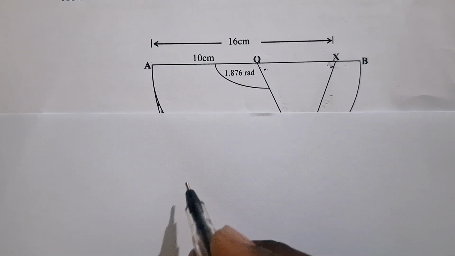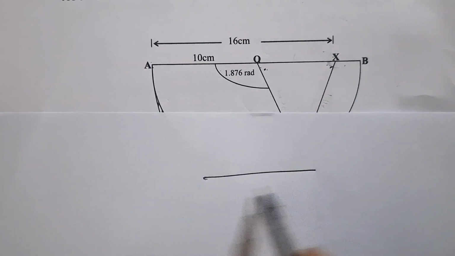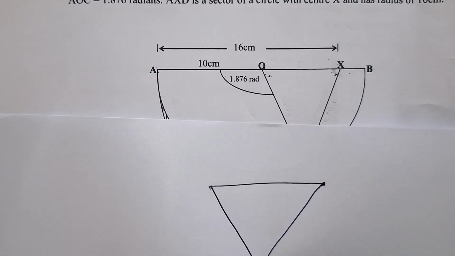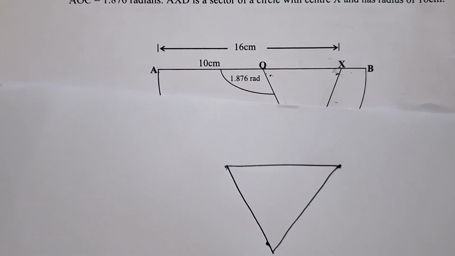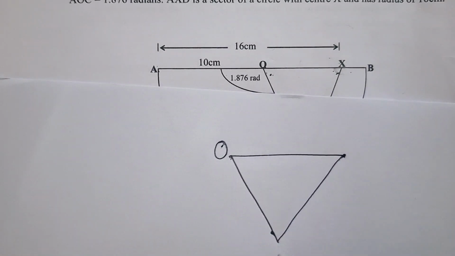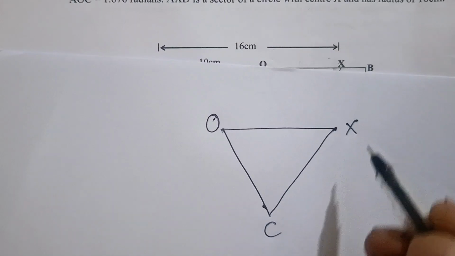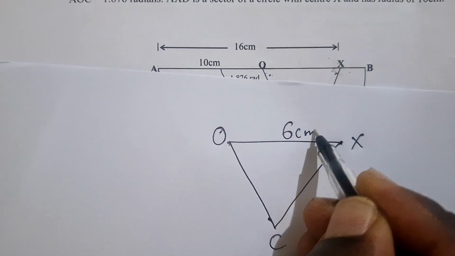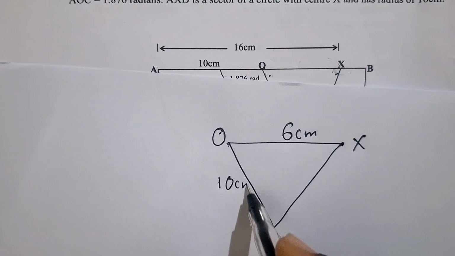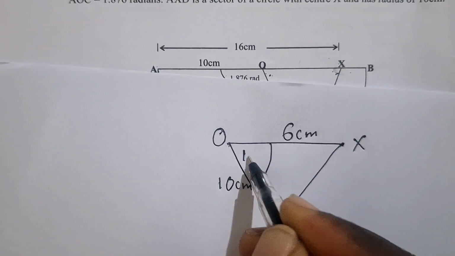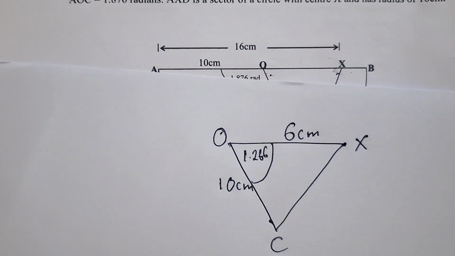So now, let me do a little bit of drawing here so that we can understand what we're doing. What we have here looks like this. We've got a triangle. This is O, this is C, and this is X. We know that this is 6 centimeters, this is 10 centimeters, and the angle here is 1.266.